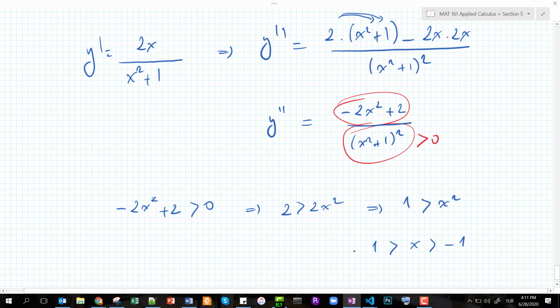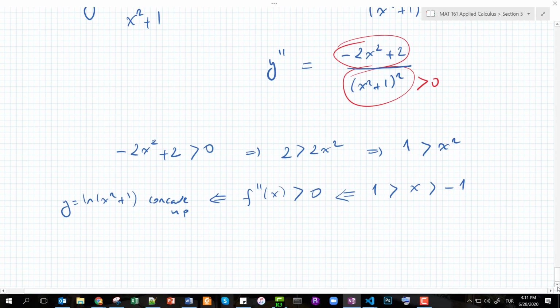If you keep x between these, what will happen? Your second derivative will be bigger than 0. That means your function, which is ln of x squared plus 1, will be concave up.